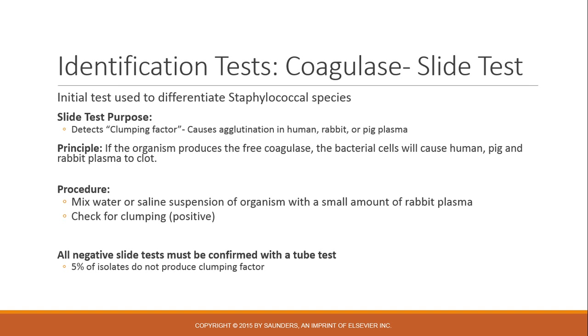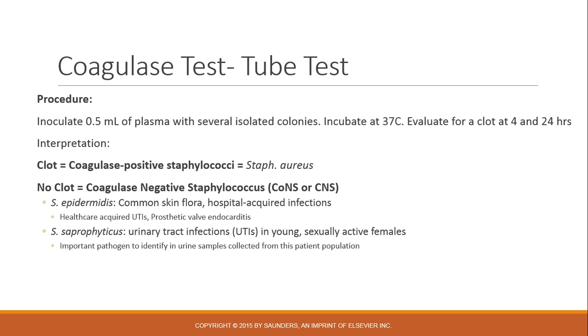Some of your Staph aureus isolates don't produce this clumping factor or free coagulase. They only produce the coagulase that we test for in the tube test. They've changed the naming; it used to be bound coagulase, and now I think it's something like that. So it's testing for two different types of the clotting factor.